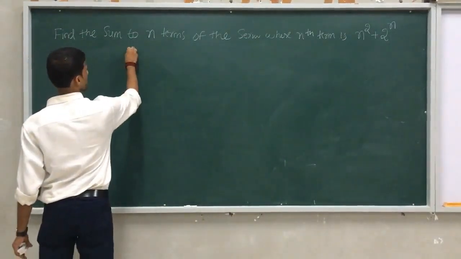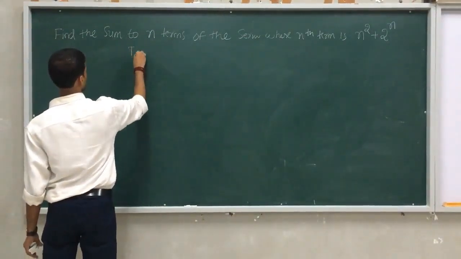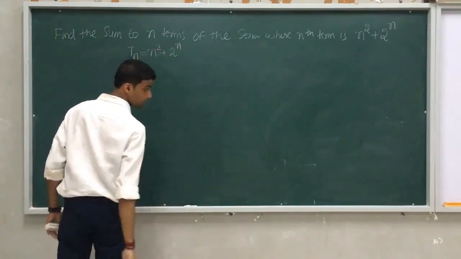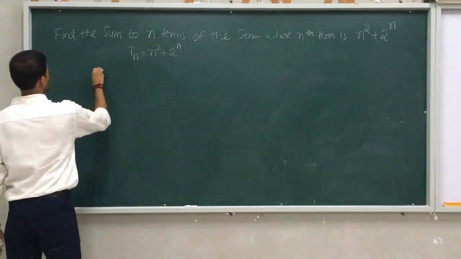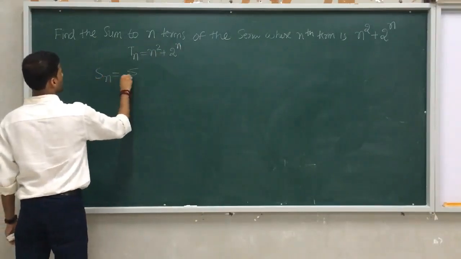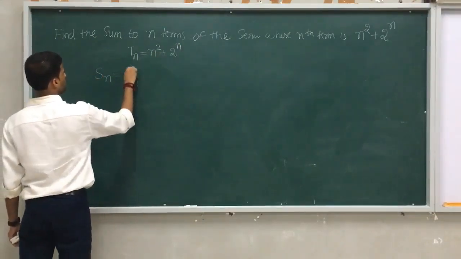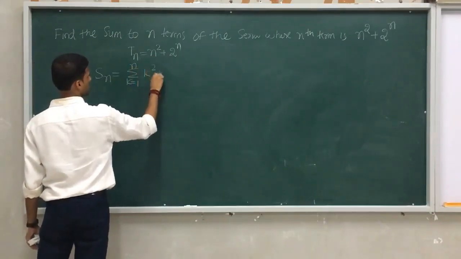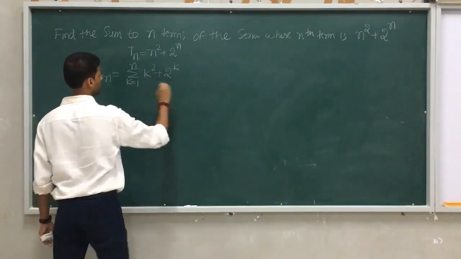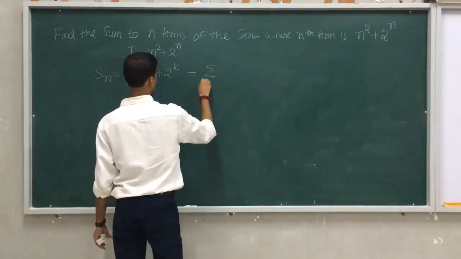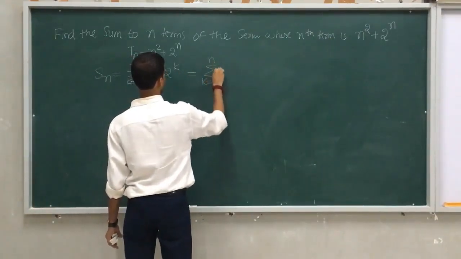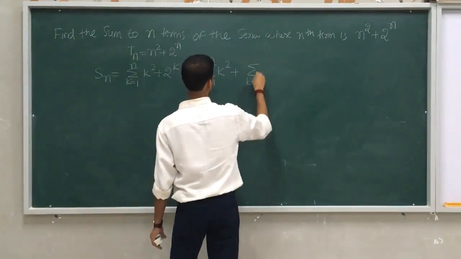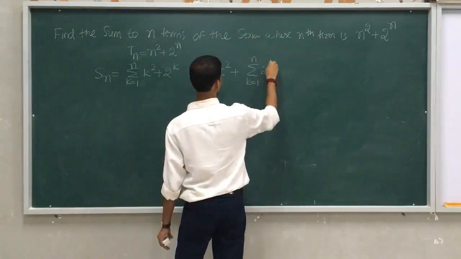So what I will do here is, Tn is known to me. n square plus 2 power n, not 2n, 2 power n. So Sn is nothing but summation k from 1 to n, k square plus 2 power k, which is summation of k from 1 to n, k square plus summation of k from 1 to n, 2 power k.